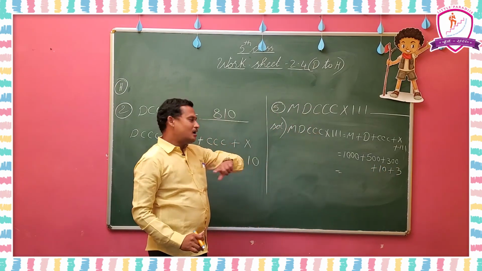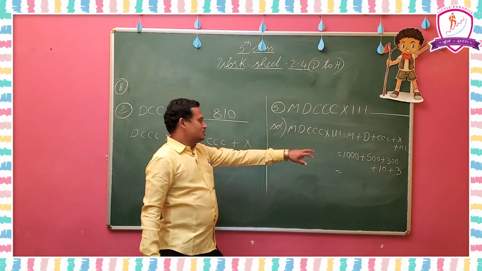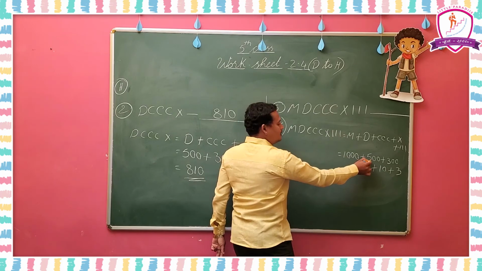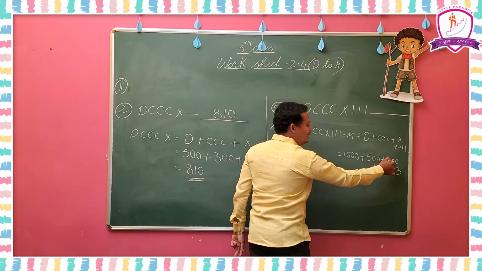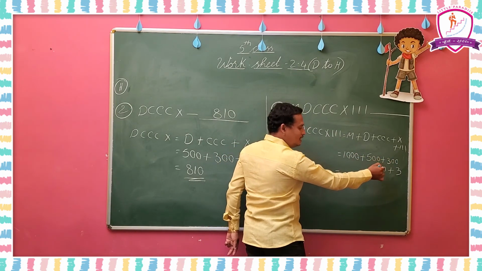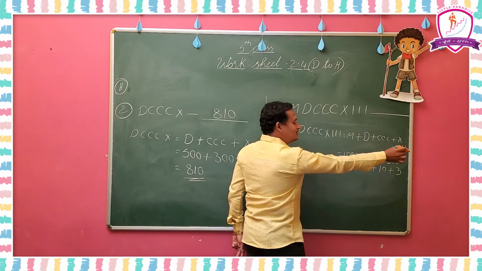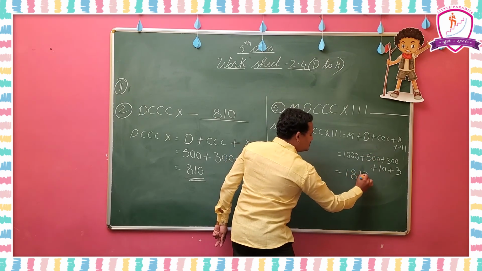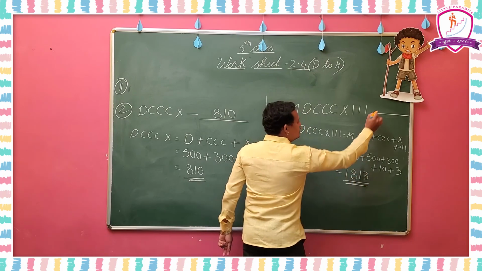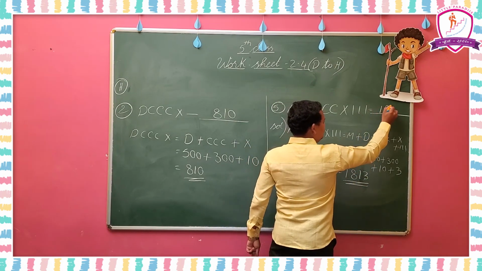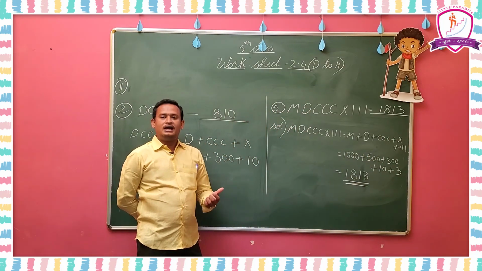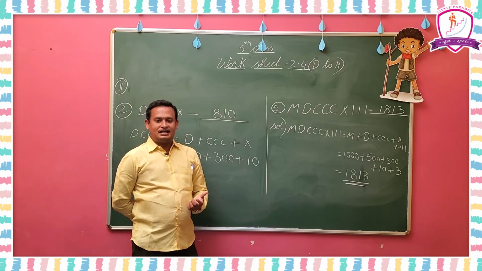Like that you can write the answers for all the symbols. Now add this: 1500, 1800, 1810, 1813. 1813 will be the answer. Copy this answer into your application book. You can complete the Roman like this.